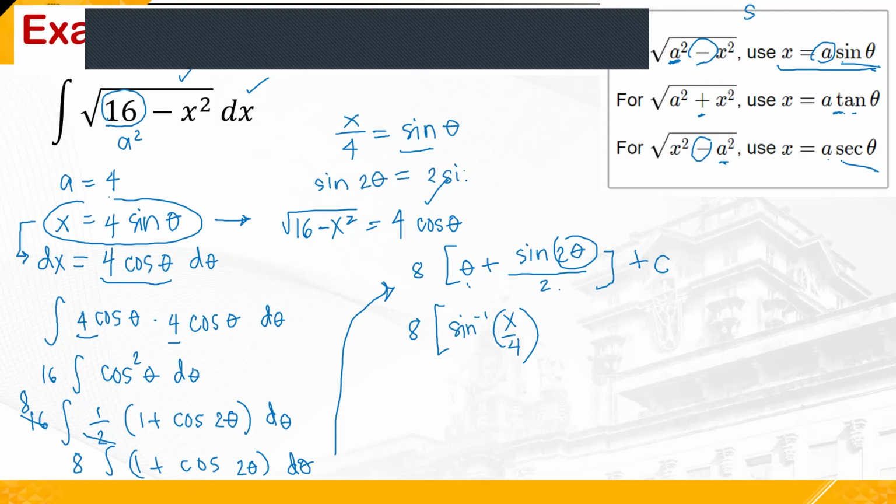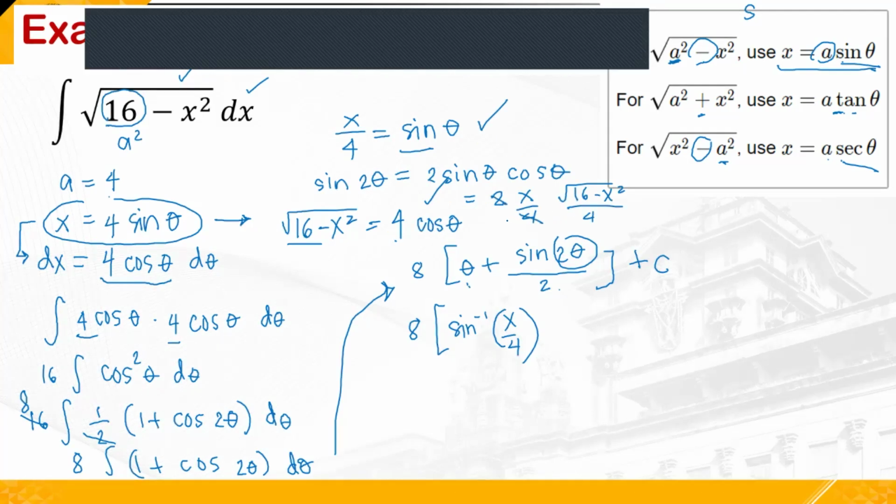That's 2 sine theta cosine theta. Ayan, so, ang ating sine theta is x over 4. So, that's 2 x over 4 coming from here. Tapos, ang cosine theta naman natin is this radical over 4. Square root of 16 minus x squared over 4.